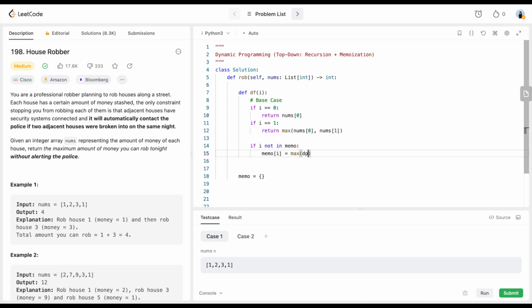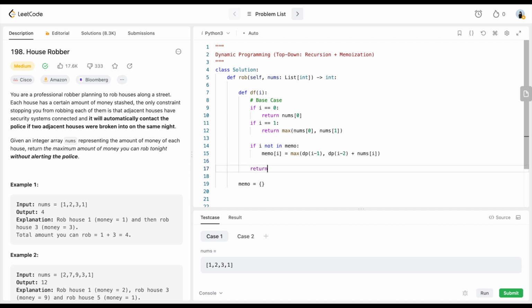The max of dp[I minus 1] or dp[I minus 2] plus nums[I]. So nums[I] is our current number. Let's say we are at 3, and then we want to see if the maximum of 3 plus 1 equals 4 is greater, or whether 2 is greater. That's what this relation is saying.